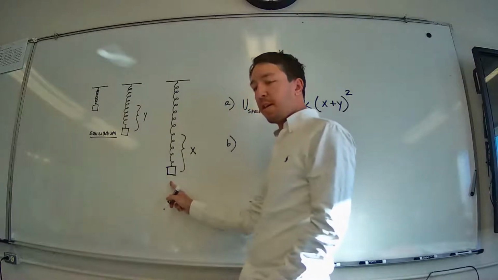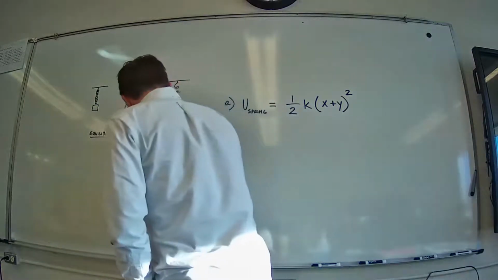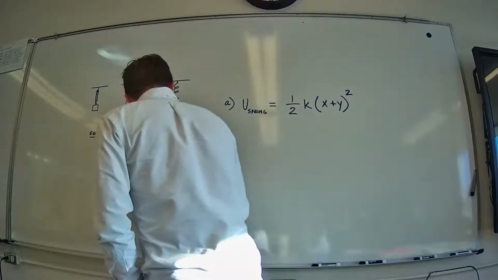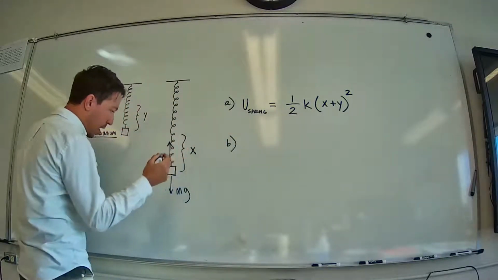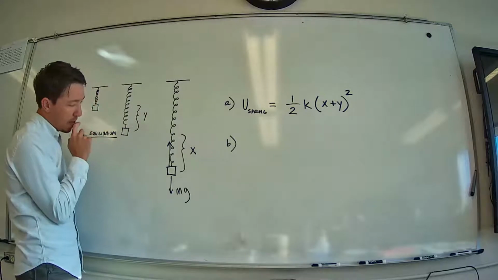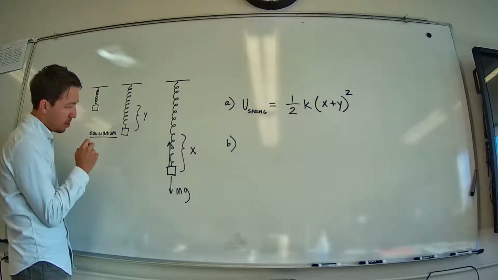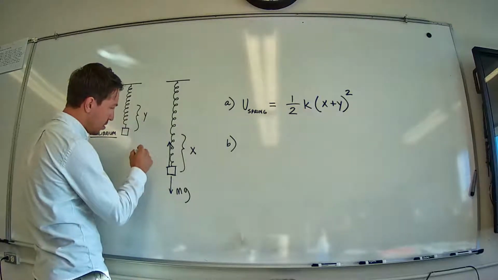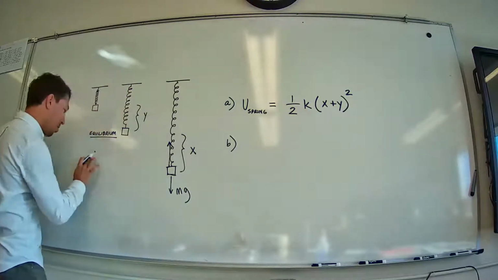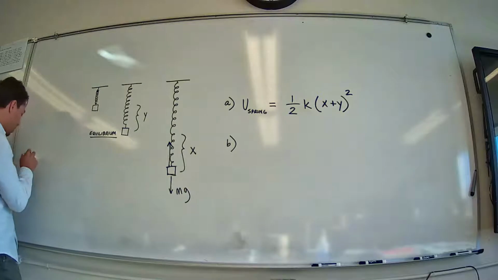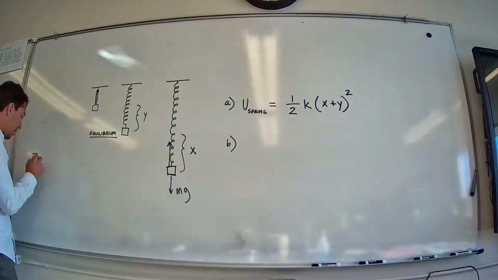How much force pulls the block down? mg. Very good. And then how much force pulls the block up? No, it would just be X. So for a spring, F equals kx is the formula, right?